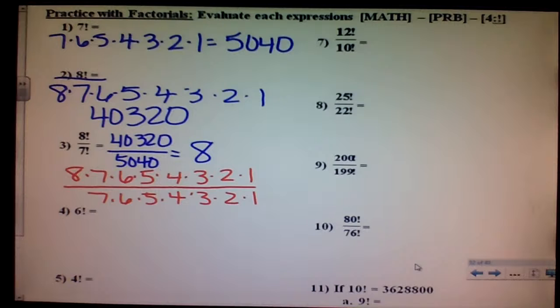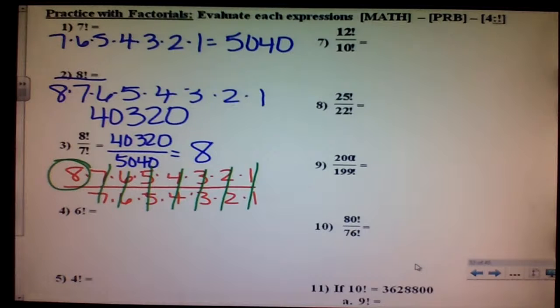Take a look at the numerator and the denominator. It just took away one number. They cancel out. You've got a 7 and a 6 and a 5 and a 4 and a 3 and a 2 and a 1, and all you're left with is 8. It's the same every time.